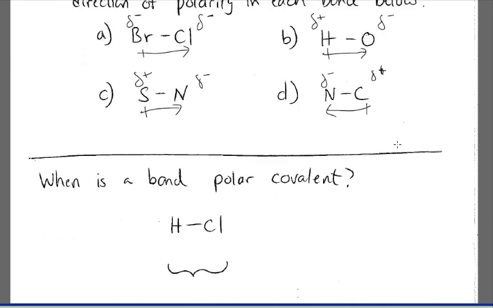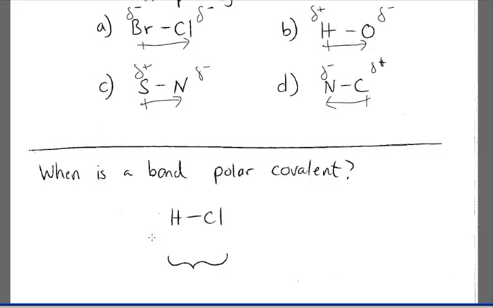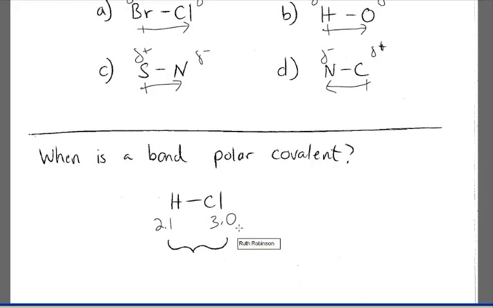Okay, so let's put our numbers in. We say hydrogen was 2.1, chlorine was 3.0. So what we talk about is the difference between them. The delta, difference in electronegativity equals 3 minus 2.1, so that's 0.9 is our difference.